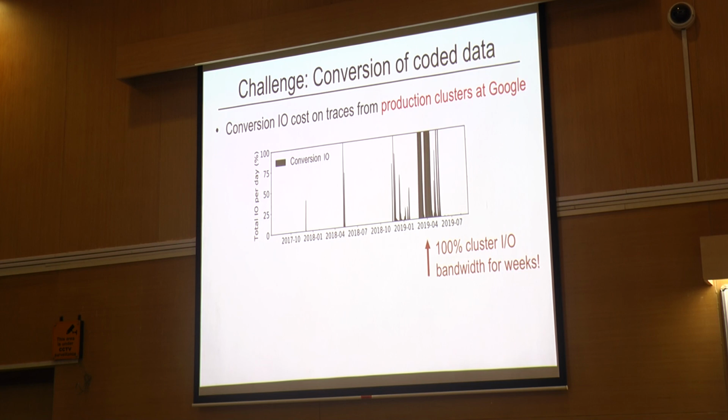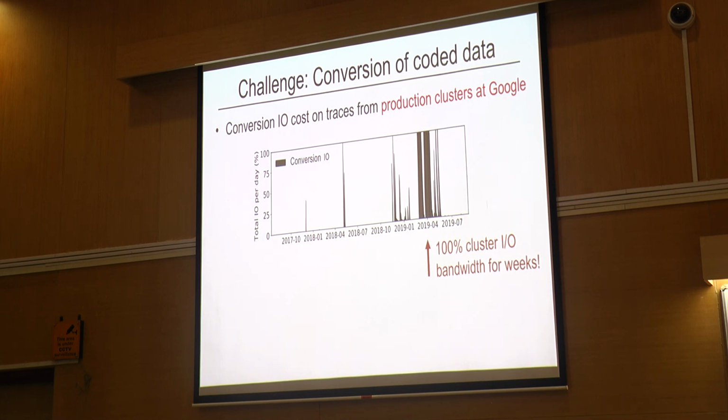So here is some data on this. This plot shows the amount of disk I/O bandwidth consumed solely for doing this conversion operation if one were to use HART on production disks. This failure data is collected from the production clusters at Google.